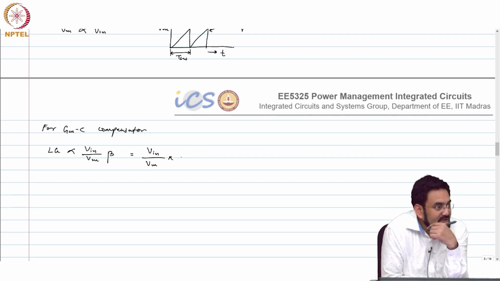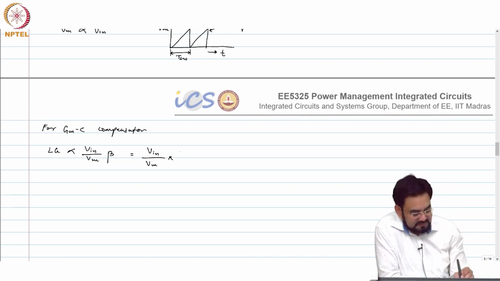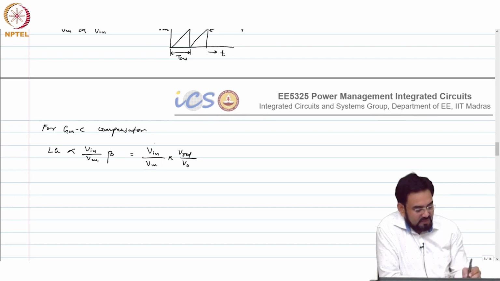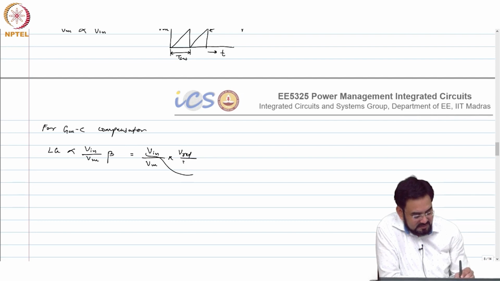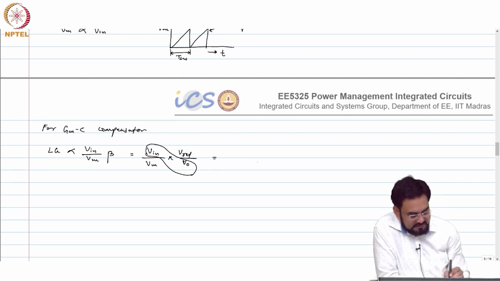Vref over V out. And what is V in over V out? What is this? D? 1 by D. Okay. Vref over.